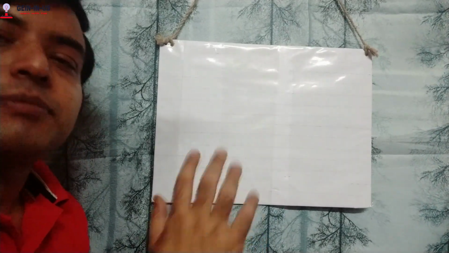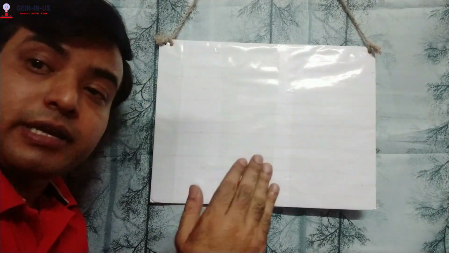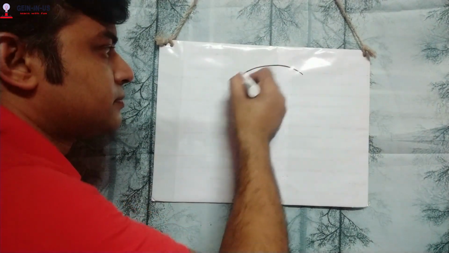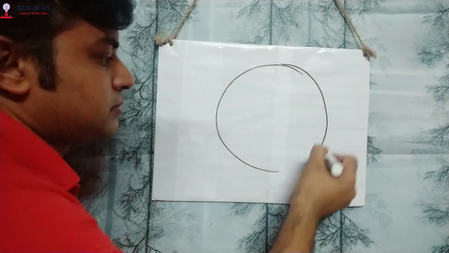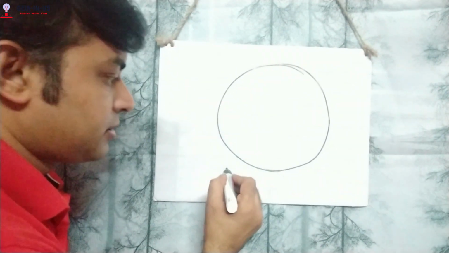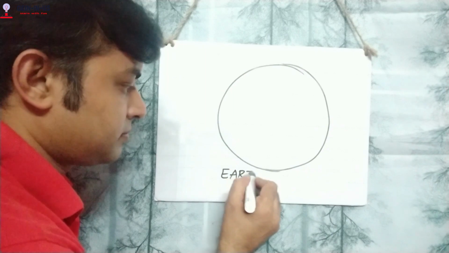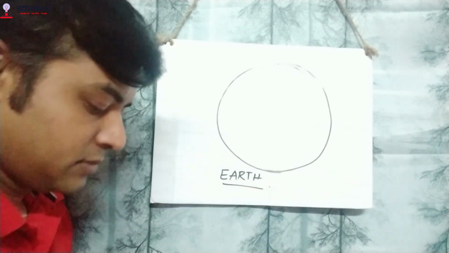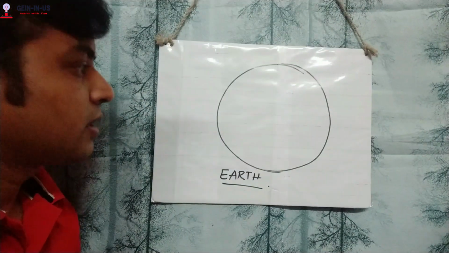You can see this board. Now I will draw something, and listen carefully because it is very important. I'm talking about a magnet, and how it always aligns in the north and south direction. This is the earth.